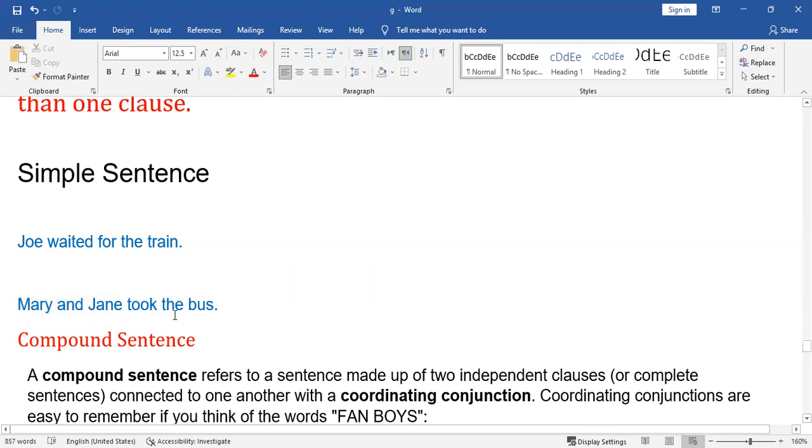Took is the verb. The bus is the object. Okay? This is also a simple sentence because it has only one independent clause.